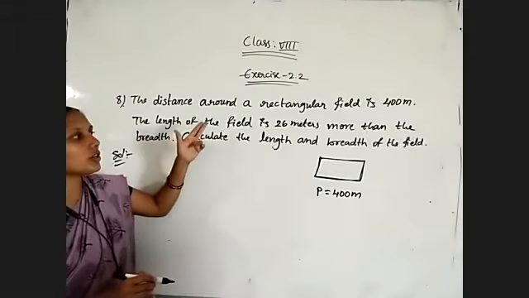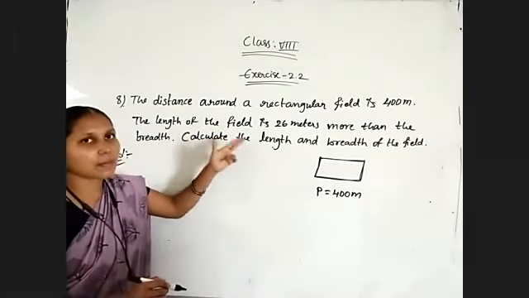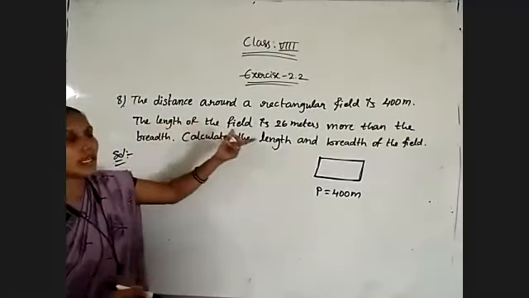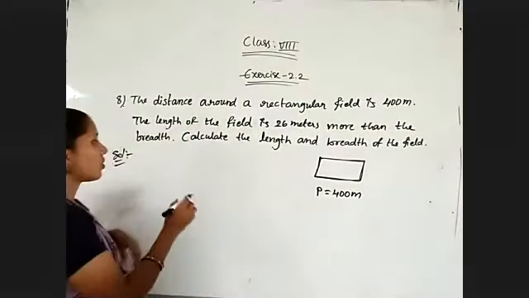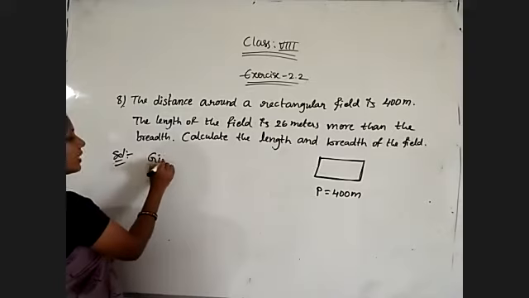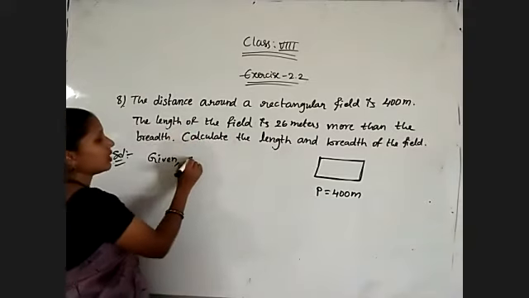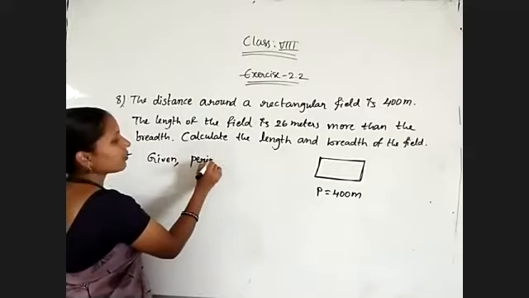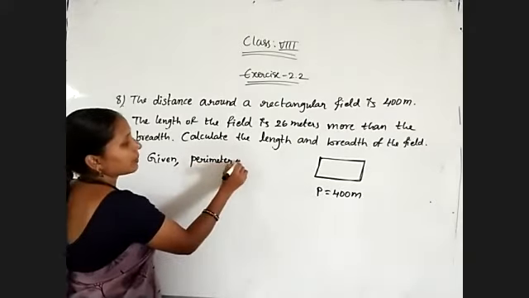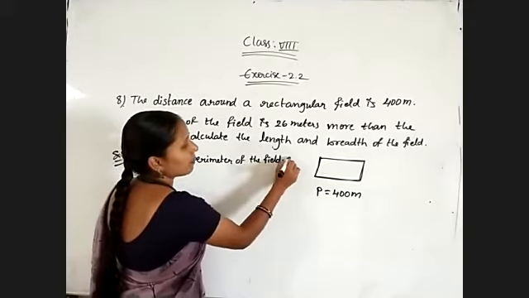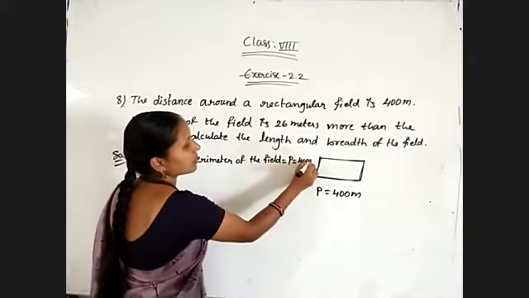L is equal to x plus 26. If breadth is x, then L will be x plus 26. So, according to the question, the distance around the rectangular field, that is the perimeter of the field, is given: P is equal to 400 meters.